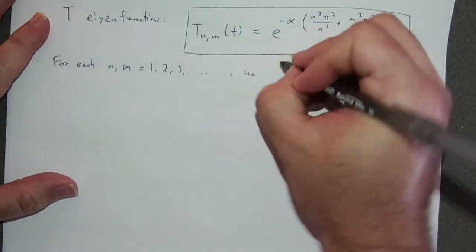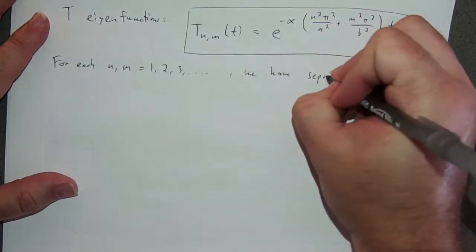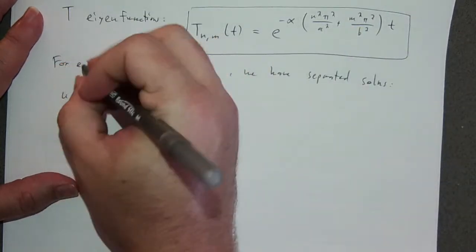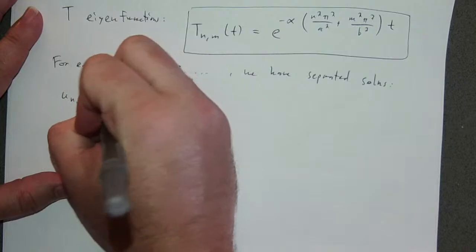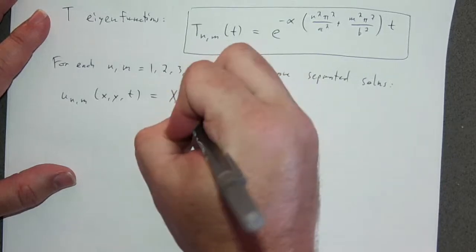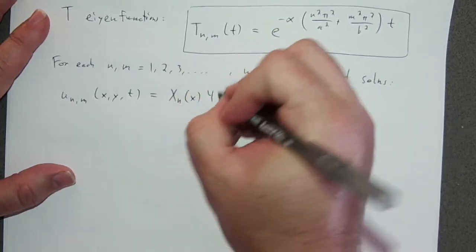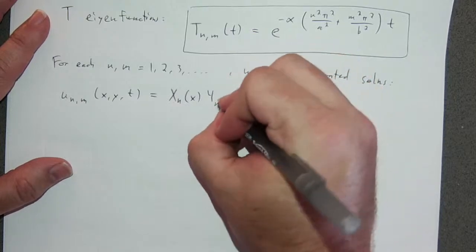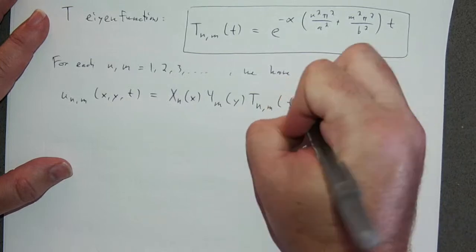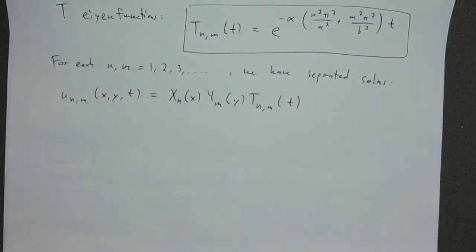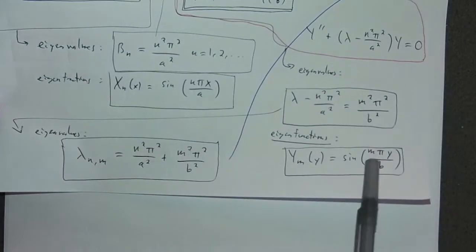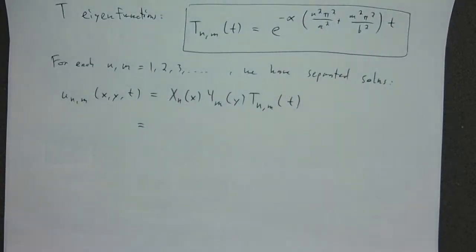We have a separated solution that is u sub nm of x, y, t, which is X sub n of x, Y sub m of y, and T sub nm of t. This is, of course, just going back to the previous page. We got sine, and this e thing.